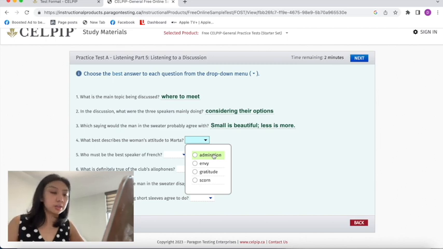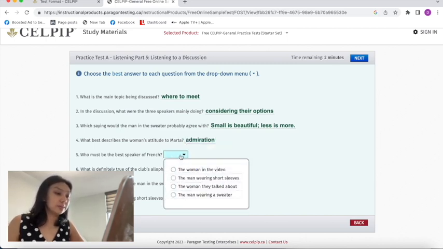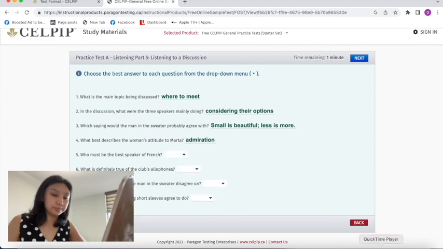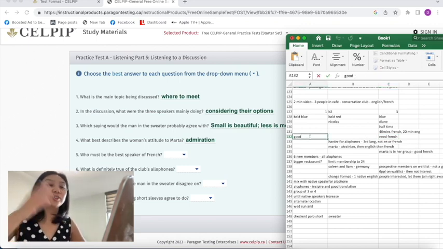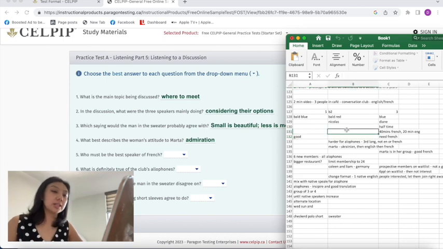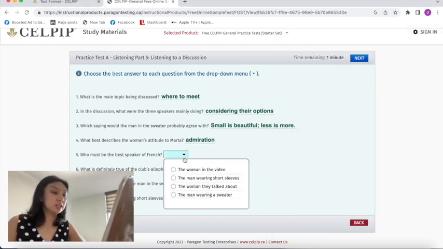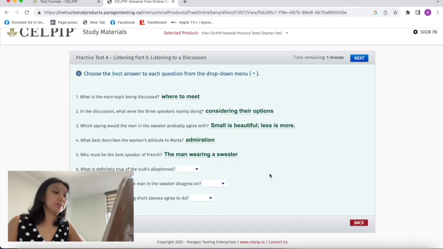She liked that Marta knew how to speak French really well. And who must be the best speaker of French? Here's a start. She said that you need French and then good, and then the bald guy in blue said, oh, you'll be as good as Nicholas. So I would say it's Nicholas, the man wearing a sweater.